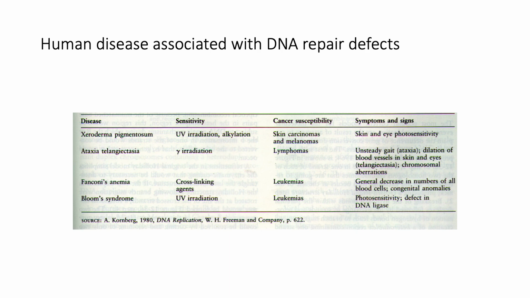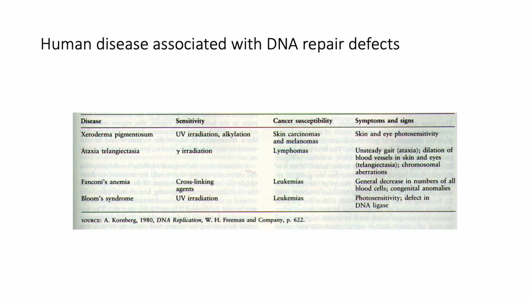There are a number of human diseases associated with DNA repair defects. We've talked about one, and that's the last one on this list, Bloom syndrome, which makes an insensitivity to UV radiation.